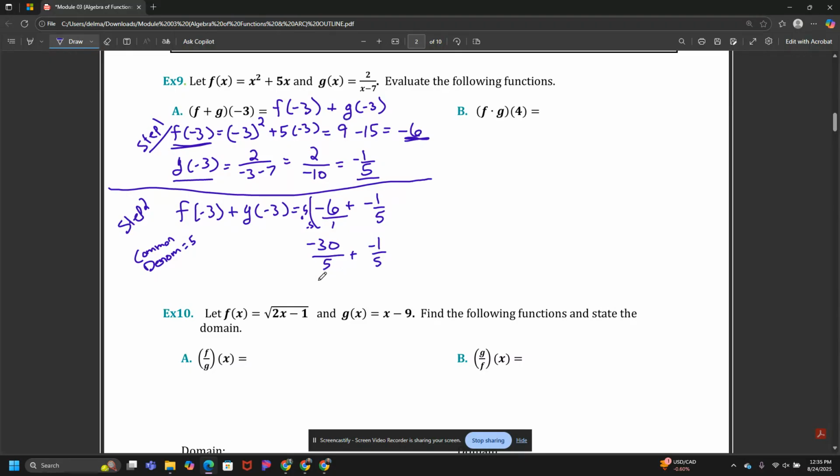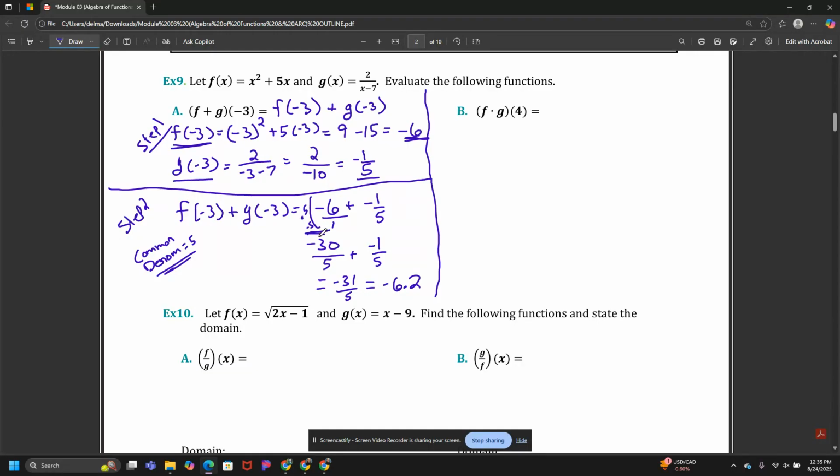Now I can add those together. What's that get me? Negative 30 plus negative 1 is negative 31 over 5. Or if I wanted to express it as a decimal, I could say it was negative 6.2. Okay. So you have to get that common denominator there.